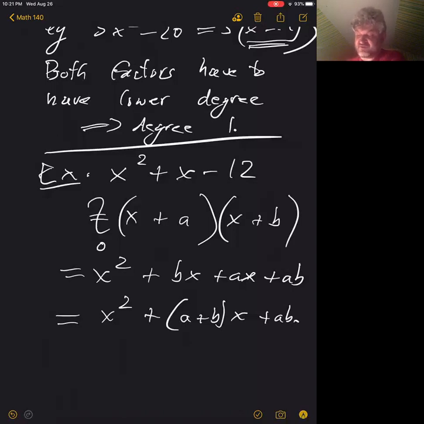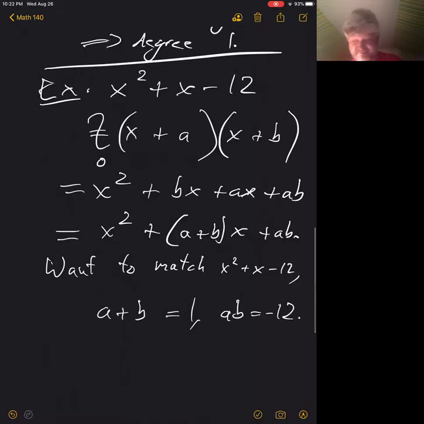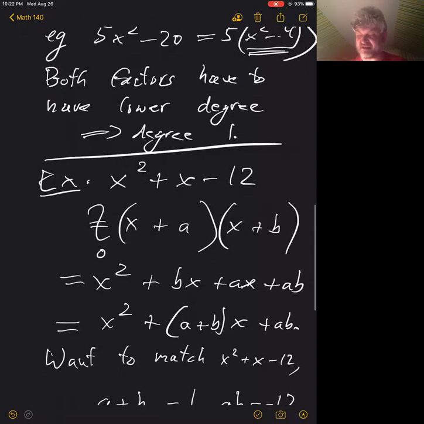And this is what we want to match: x squared plus x minus 12. So what we really need is that a plus b has to be +1, and a times b has to be -12. Then we would be happy. Then we'd have found a factorization of x squared plus x minus 12.